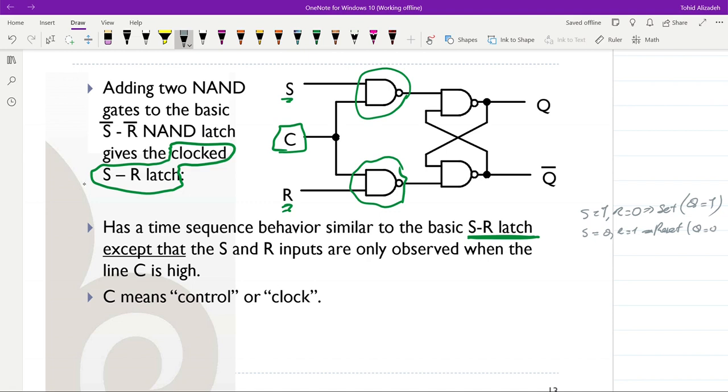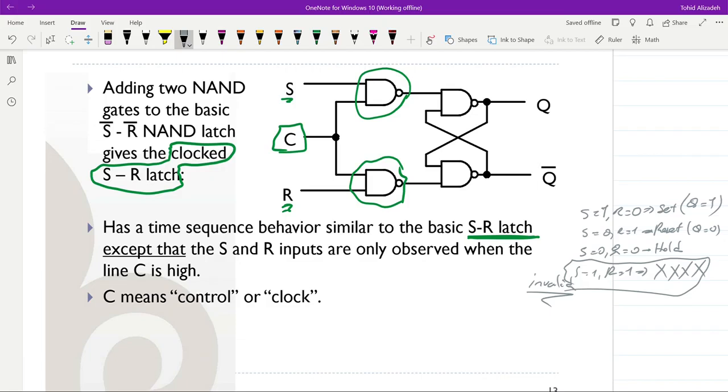Q will be equal to 0. With both S and R equal to 0, the latch will hold the previous value. And with S equal to 1 and R equal to 1, we will have the case which we need to avoid. So this will be an invalid combination of the values for the inputs.